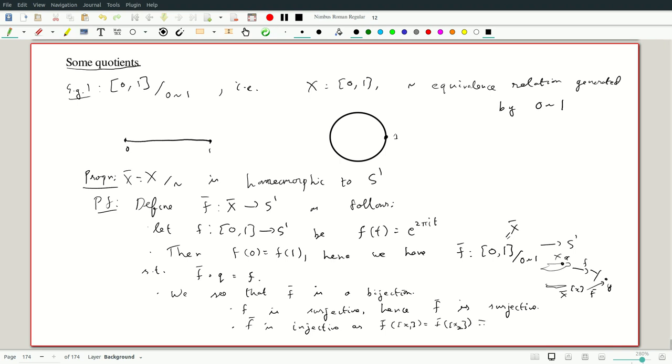Suppose this is true, this implies that f of x1 equals f of x2, which implies that x1 equals x2, or from the properties of the map, it's injective on the interior, or x1, x2 belong to {0, 1}. And in the latter case, also we have the classes are equal. So equal points have equal classes. So we see that f bar is a bijection.